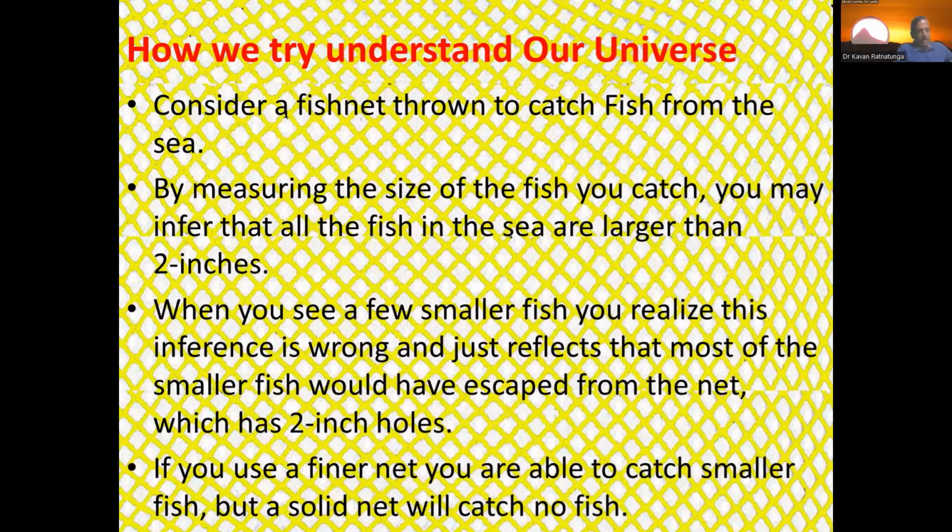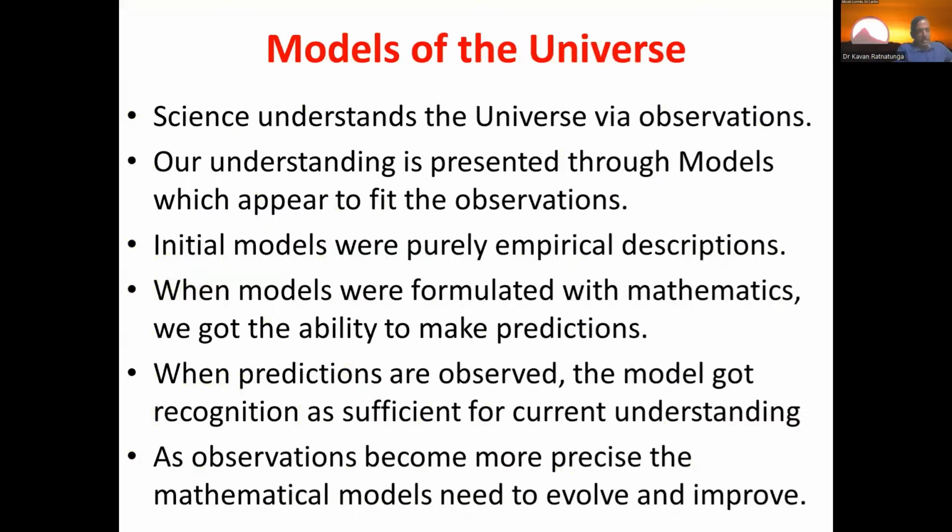If you get a finer net, you might catch smaller fish, but if you get a solid net, you might not catch any fish. So I think that's a good example to think about how science uses models to understand the universe.